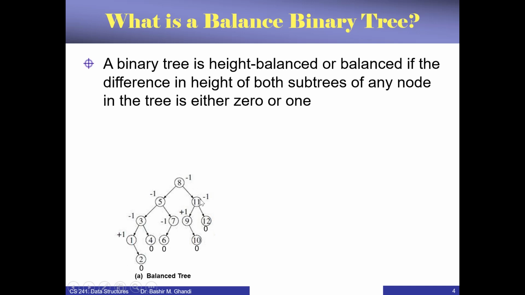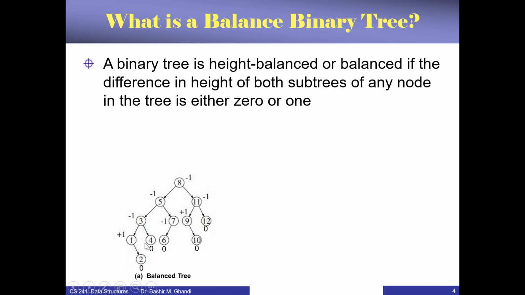Similarly, for all the other nodes, none of them goes beyond 1. This one, for example, is plus 1 because the right subtree is of height 1 and the left subtree is empty and therefore its height is 0. So 1 minus 0 is plus 1.